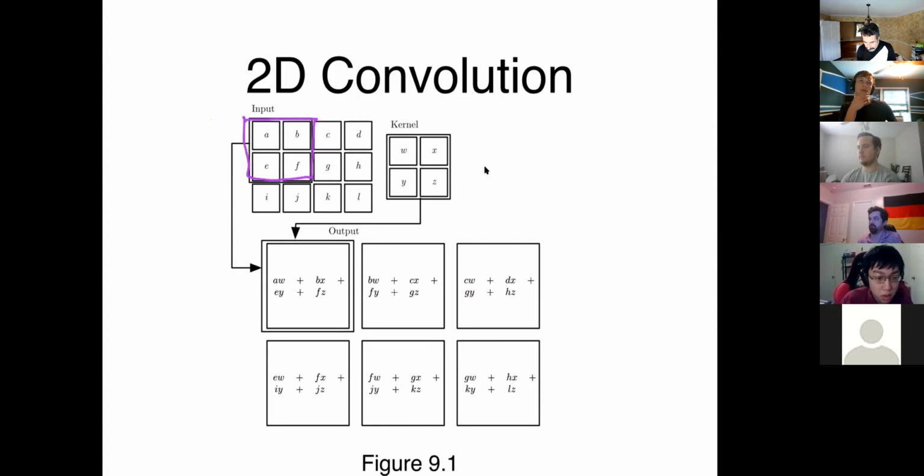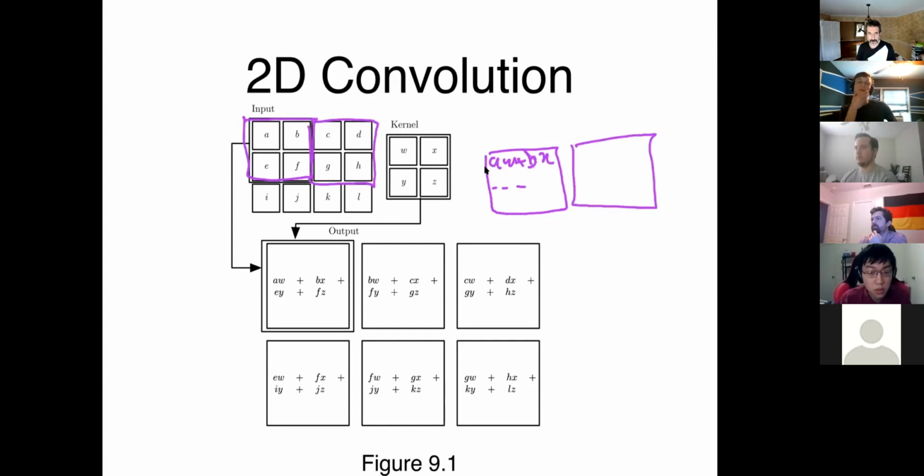First, we have here, so you get AW plus BX plus whatever, right? You know how to do it. And then you move this guy, you calculate this second output, which is now CW plus DX plus whatever.